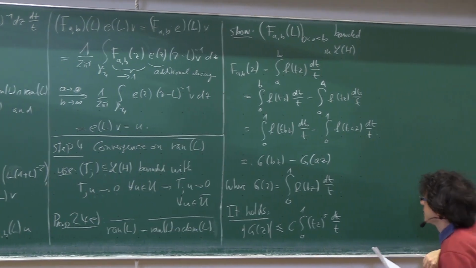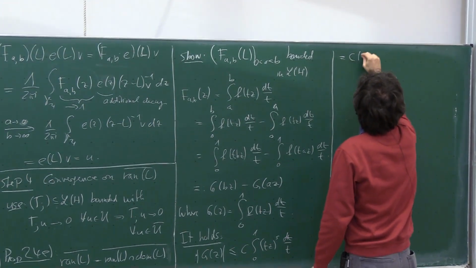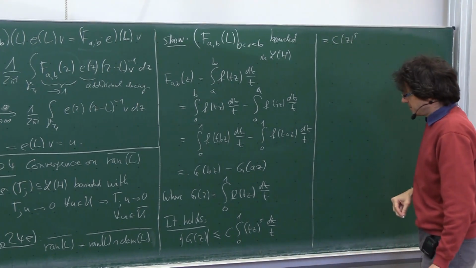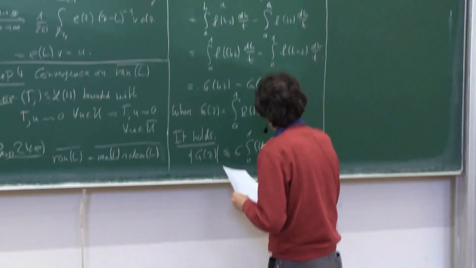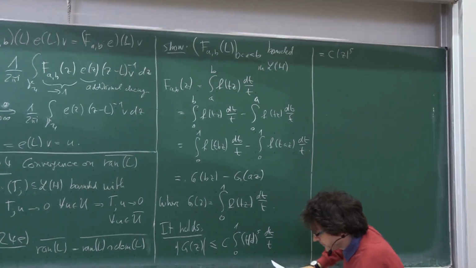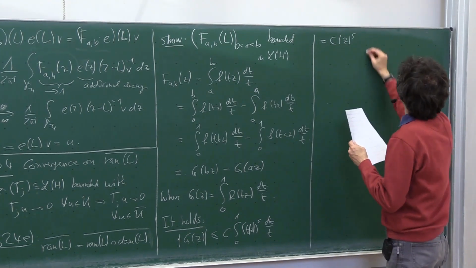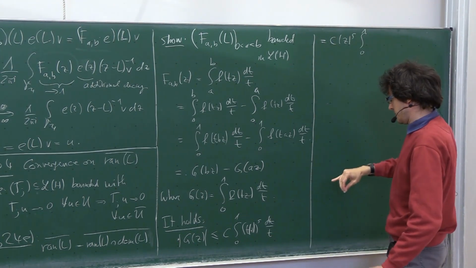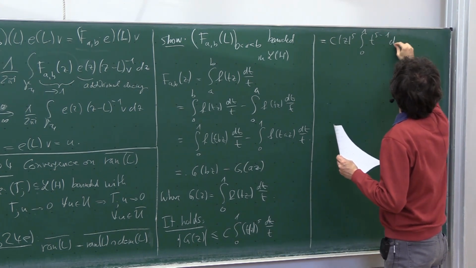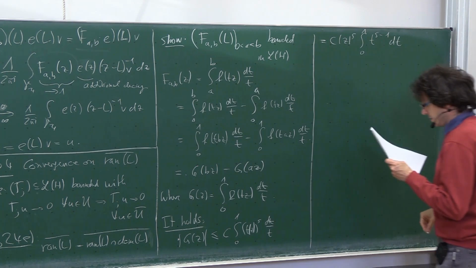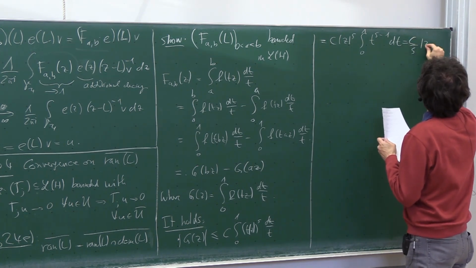This you can just calculate: a constant times |z|^s, and the remaining integral from 0 to 1 of t^(s-1) dt gives a constant over s.